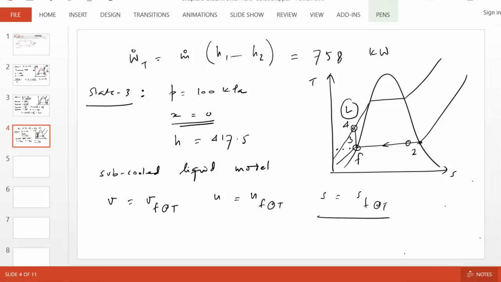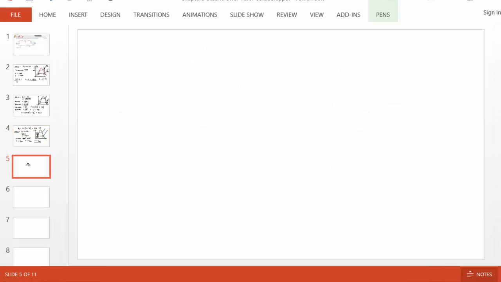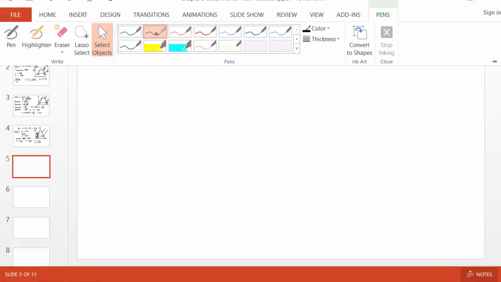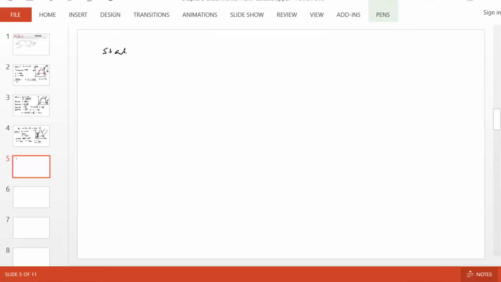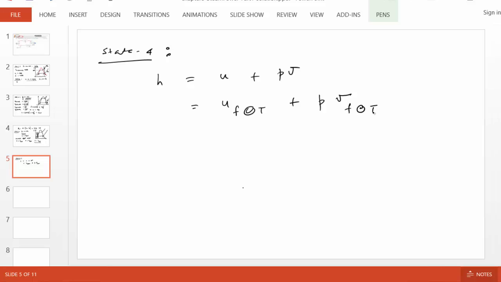So to find enthalpy at 4, what should we do? So we know that enthalpy depends on U plus PV. And we know U is a function of temperature alone, and P times V, which is a function of temperature alone.